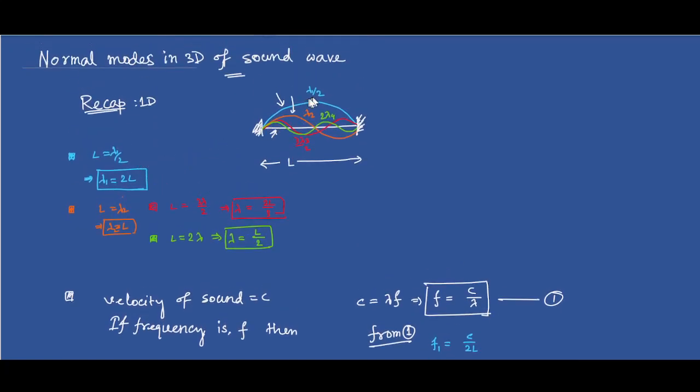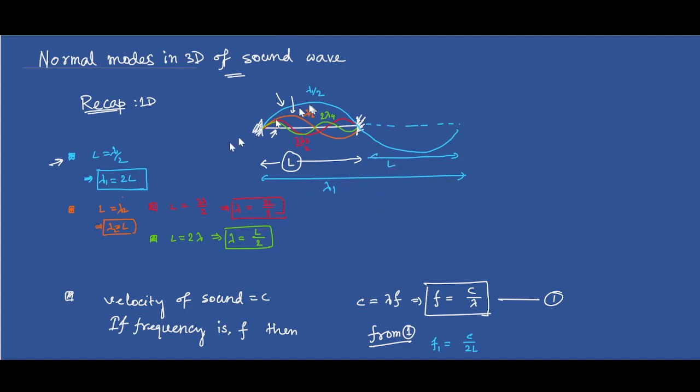Here I have written for every wavelength its relation with the length L, which is the length of the wire. As you can see, for the largest wavelength, L equals lambda over 2, as it is not the complete wave. It will be complete if we draw it like that, and this whole length will be lambda 1, which is 2L.